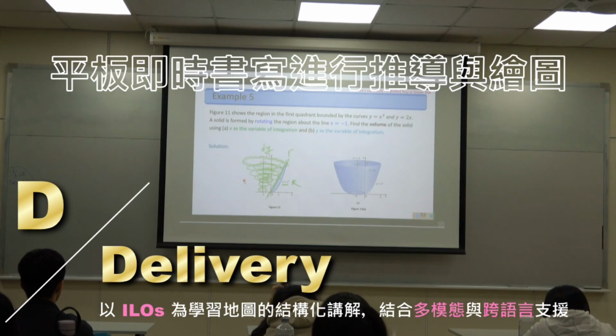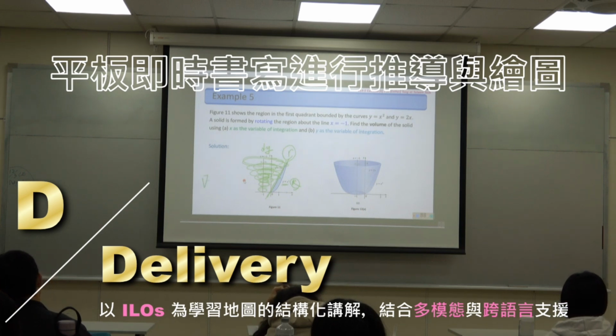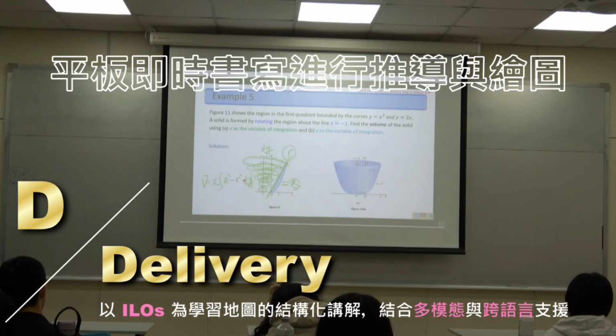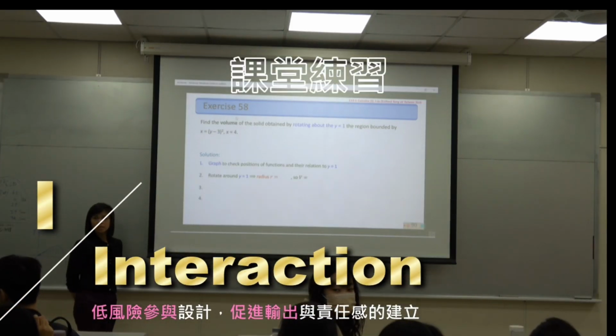So this will be the washer method, and we can start from the washer method. For this case, you already found the outer R and the inner R. So just apply V equals pi times outer R squared minus inner R squared, then dy. So this is the washer method. Okay, all right. So we start from the dy, which means the result will be the answer for the B question.